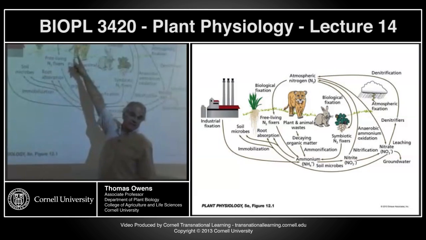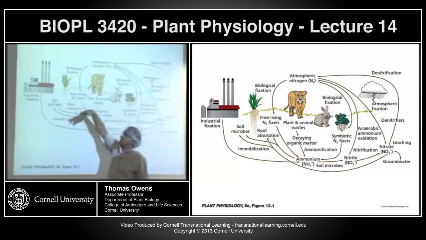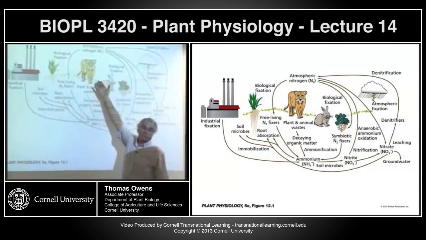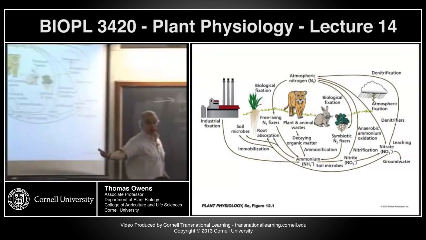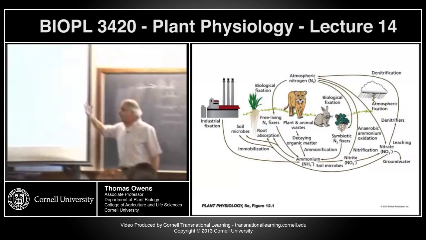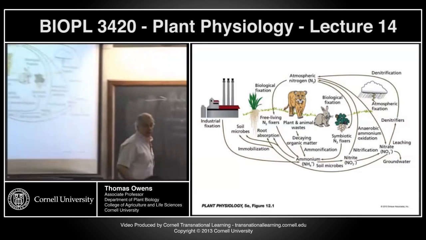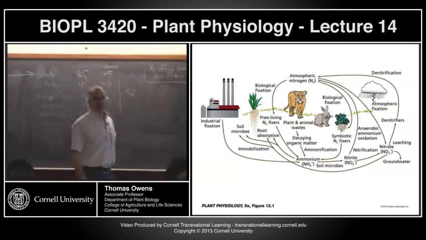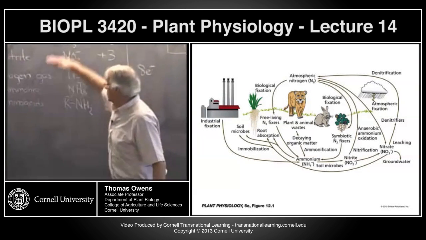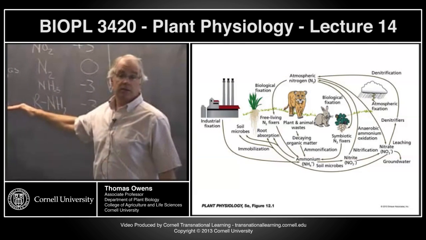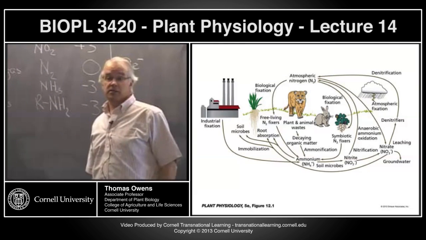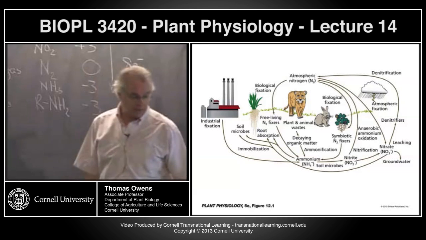But animals eat the plants. Some of the plants die and the tissues decay. The animals create waste products that contain nitrogen in it. The animals die. So there's nitrogen that is cycling around all the time. And we need to understand this cycling in order to understand what might limit the availability of these different products for plants to take up.